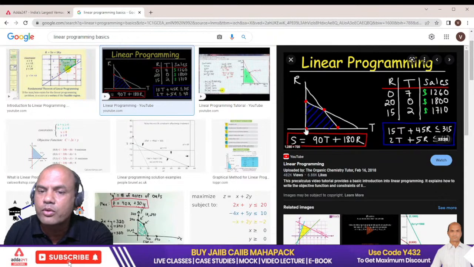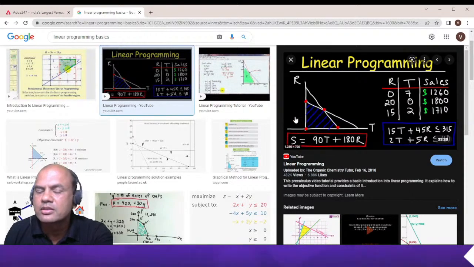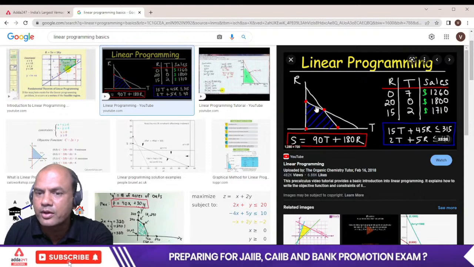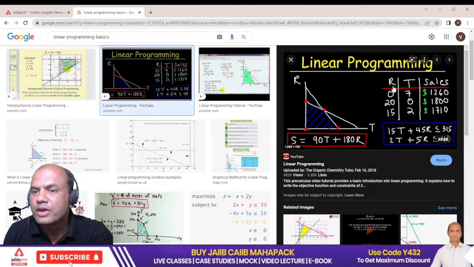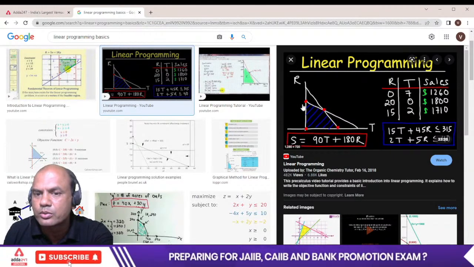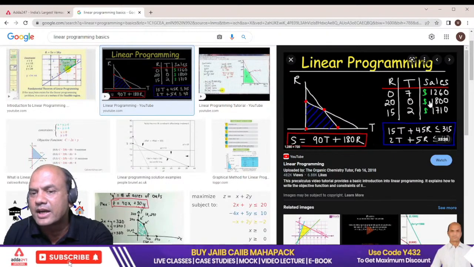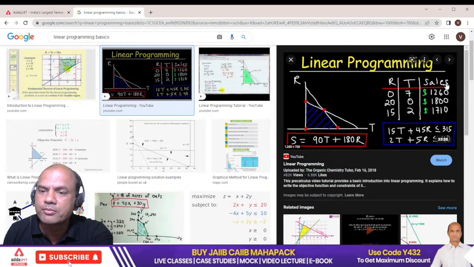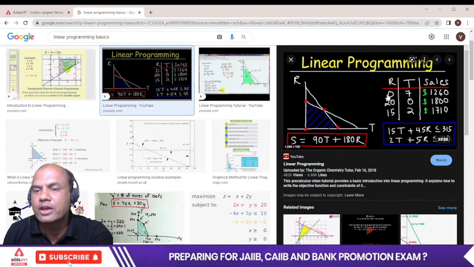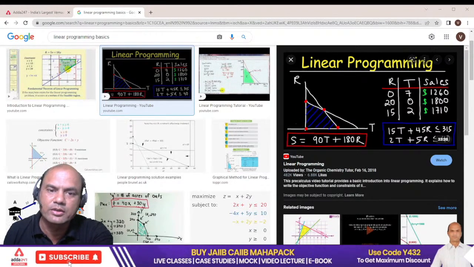Whenever I move the objective function from this point to this point to this point, wherever I get, suppose it is sales, the maximum sales among these points, 1, 2, 3 and this 4 also, that is known as the optimal solution. And if it is a cost, then wherever I get the minimum value, that is the optimal solution.